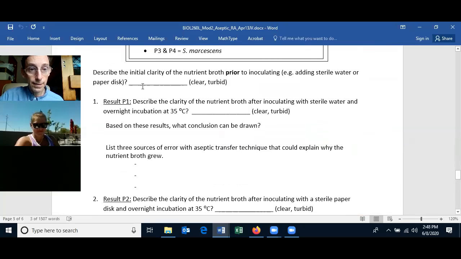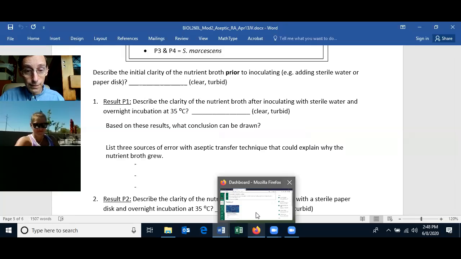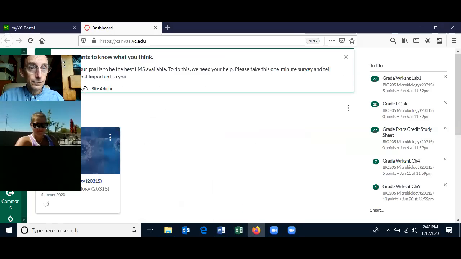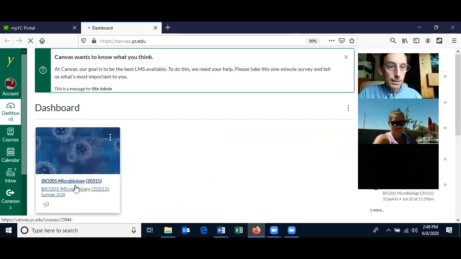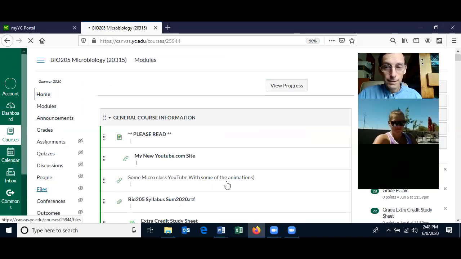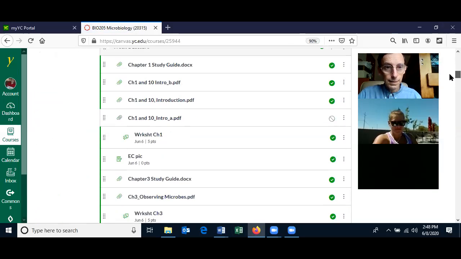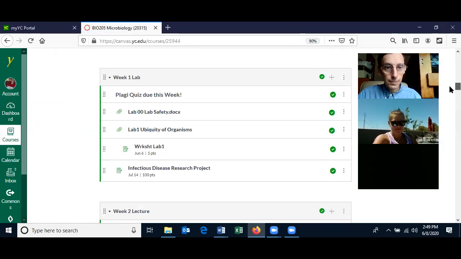You can't really type in any answer into the lab module, but I've got a worksheet. Let me show you where that is. Click on the class, and then scroll down to lab 2, week 2.